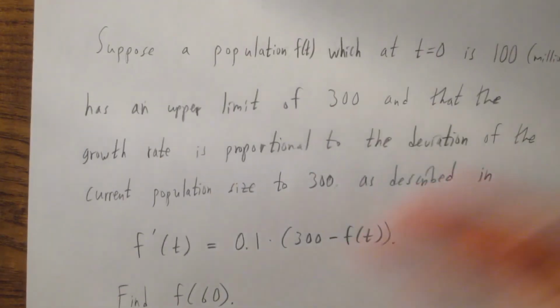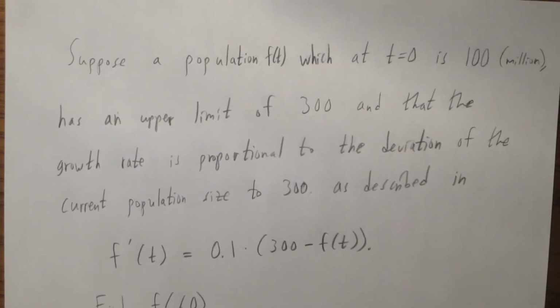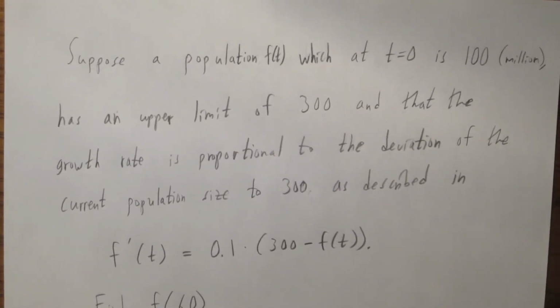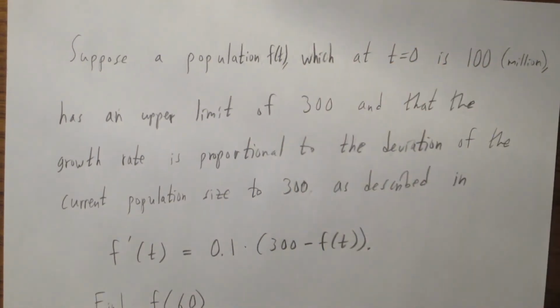Here is a word problem which will boil down to a first-order linear differential equation. Suppose a population f(t), which initially, that's to say at time 0, is 100 million, but we will just write 100 to keep the numbers smaller and nicer.